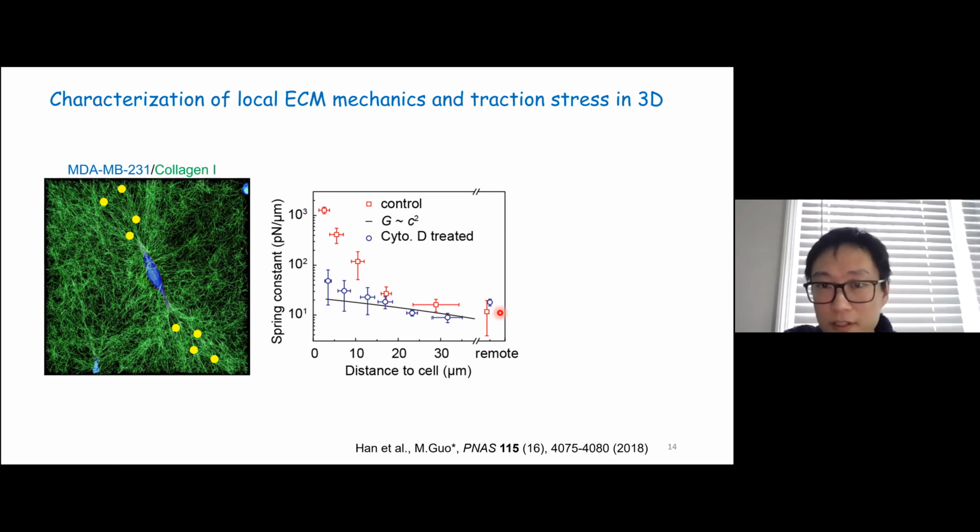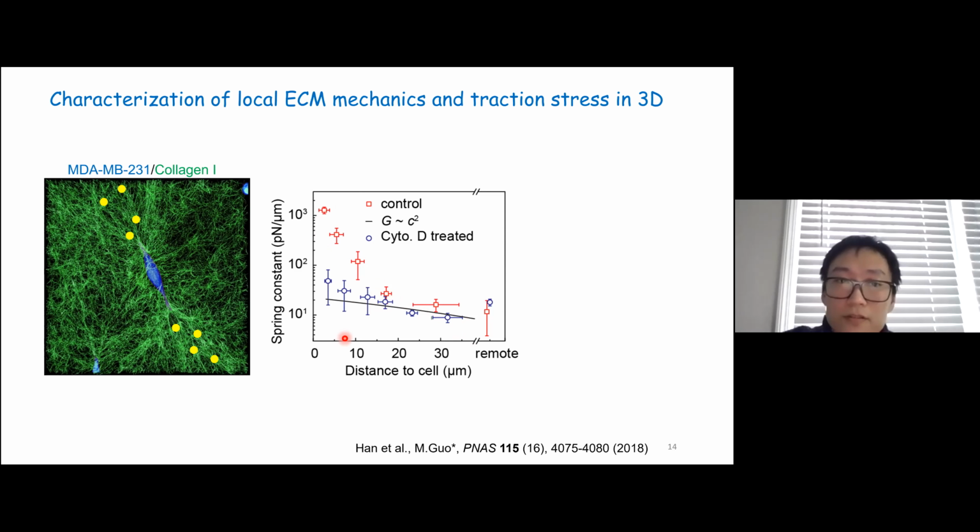So this is the far away stiffness, and you can convert it to compare with the shear modulus. For example, you measure with bulk rheology, and that's consistent. And the interesting thing we find is when we move closer and closer to the cell, you actually see a drastic stiffening behavior. The closer you are to the cell, the stiffer the matrix is.